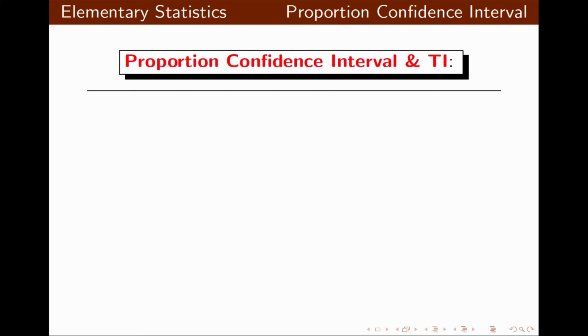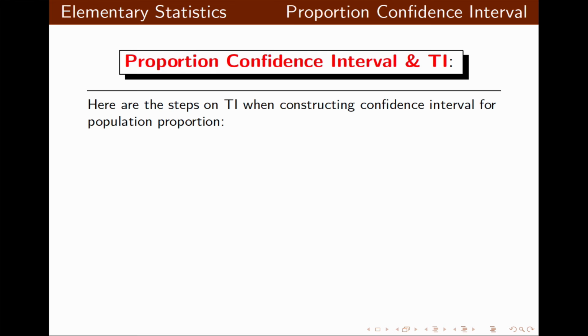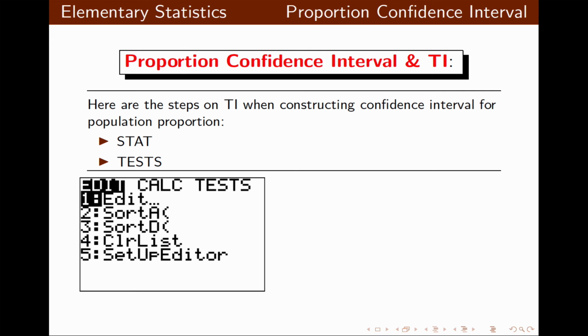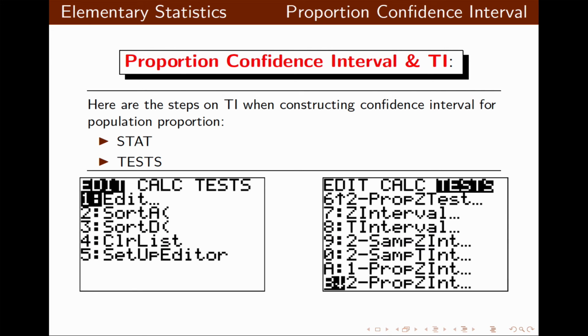Now let's see how we can find the proportion confidence interval using the TI. The process is very easy and straightforward. You press Stat, you go to Tests, and you look for 1-PropZInt.